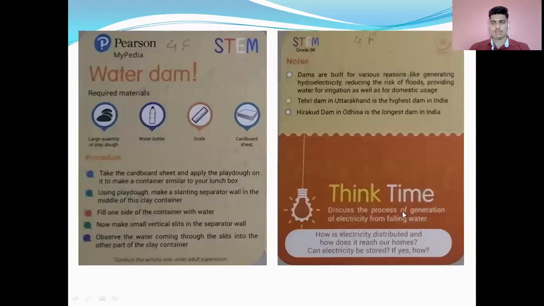And now we have the question: discuss the process of generation of electricity from falling water. So let me go back to the pen. We have to make some bigger kind of dam right now so that I can show you properly. So imagine this is the dam, and here would be the water till this level.